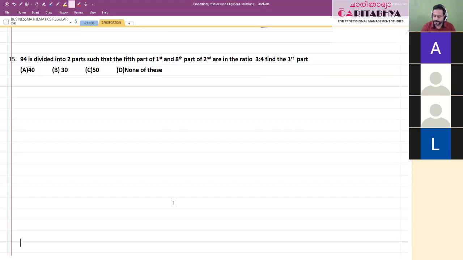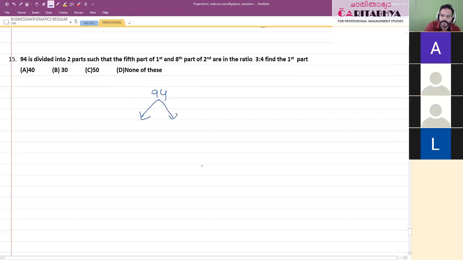This particular sentence construction is important and has been tested in exams. 94 is divided into 2 parts. How should we take them? X and 94 minus x.